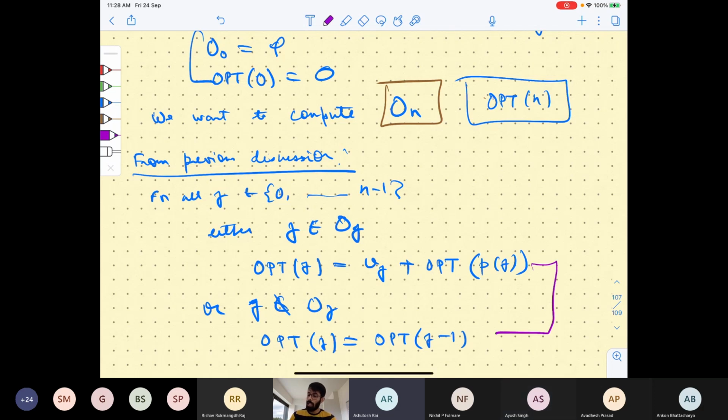If j is in OJ, then the value will contain vj, and nothing from pj plus 1 to j minus 1 can come in the solution, so the opt of pj will be in the optimum solution for j. It's the same logic I said earlier, I'm just writing it notationally. Any questions till now? Please ask.